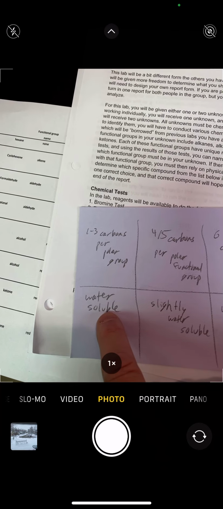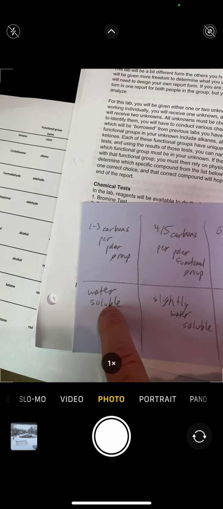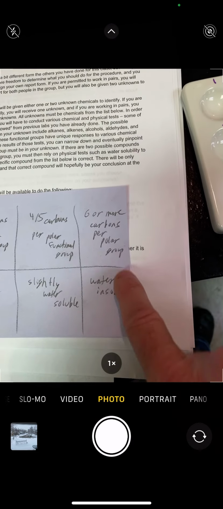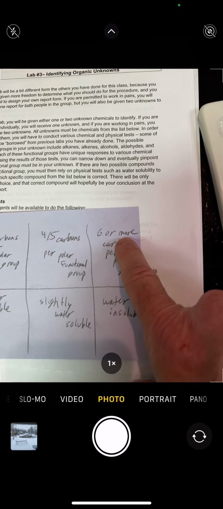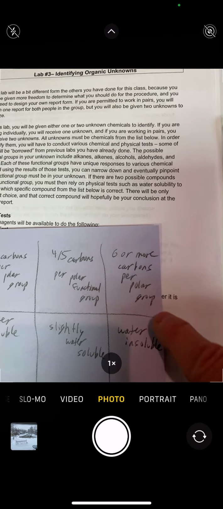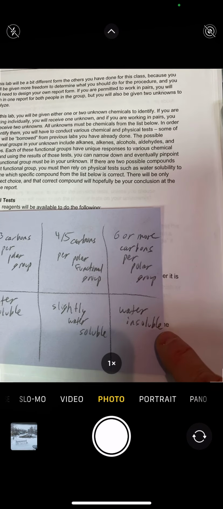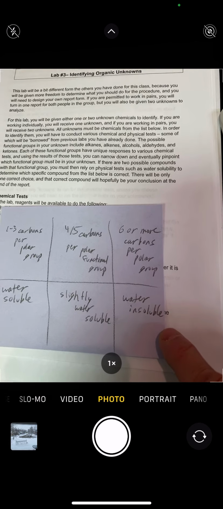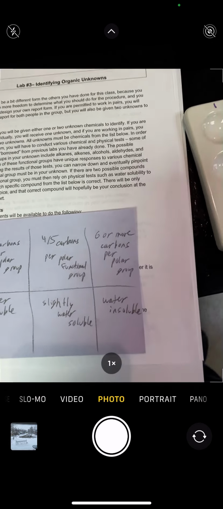It's just going to dissolve and look like water, one layer. So cloudy, 1 layer. The opposite would be 6 or more carbons per polar functional group, so it does not dissolve in water. It is water insoluble, and we'll see 2 layers in the test tube. I should have prepped a couple of test tubes ahead of time just to show you.